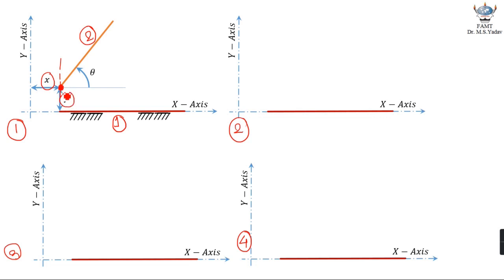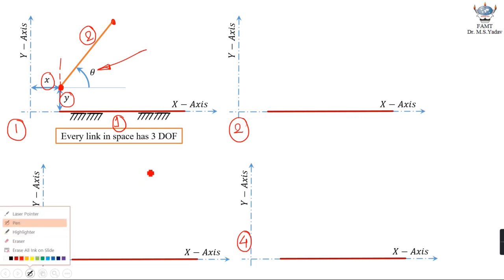Once I get position of this point, I'll be in need of one more input parameter, which is theta, to finalize the position of link number 2 with respect to link number 1. So we can conclude, in a rectangular coordinate system, every link in space has 3 degrees of freedom.